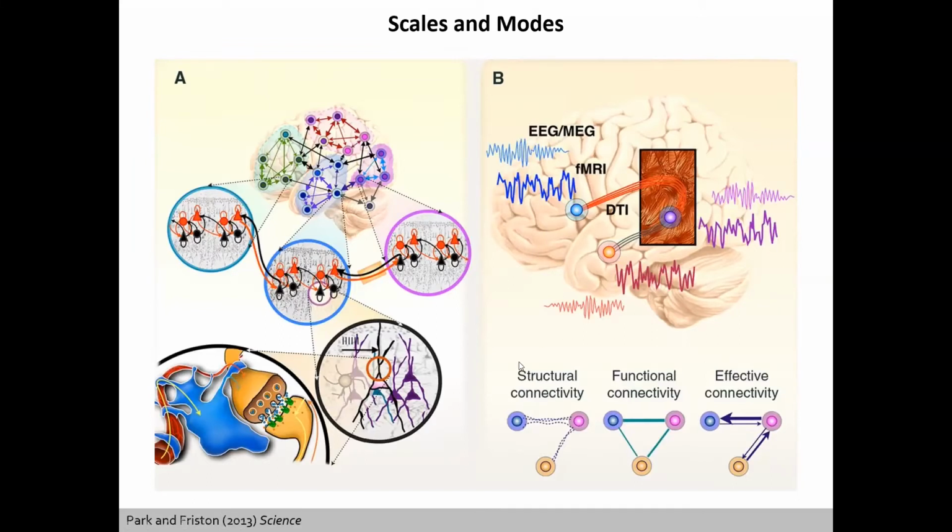And these different observations give us different modes of connectivity, structural connectivity and functional connectivity, and effective connectivity, which I will leave aside a little bit today, in part because it's not maybe as prevalent in the field, and perhaps Carl will talk about it in his talks coming up later this week.